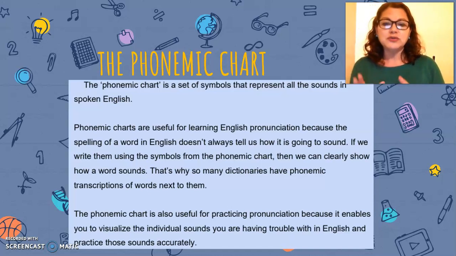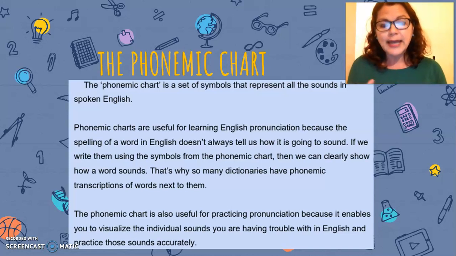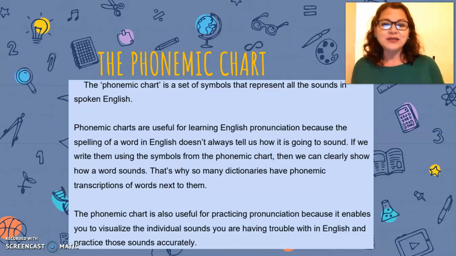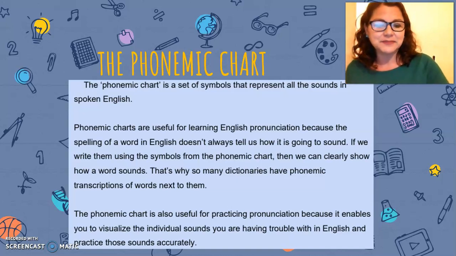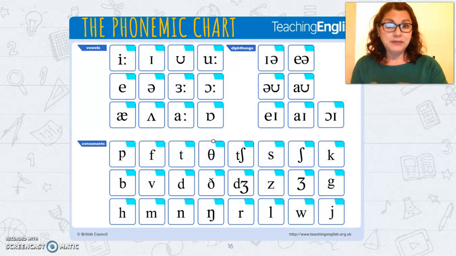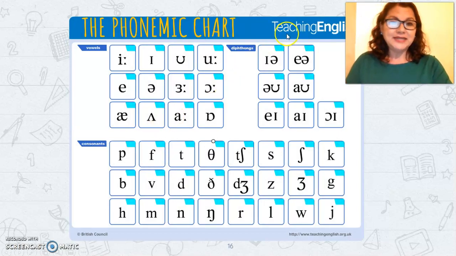The phonemic chart is also useful for practicing pronunciation because it enables you to visualize the individual sounds you are having trouble with in English and practice those sounds accurately. Let me show you the phonemic chart used in teaching English.